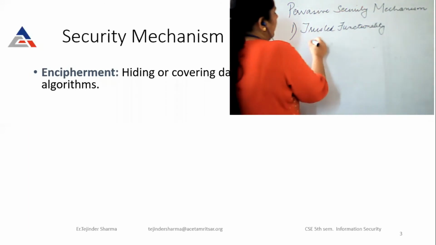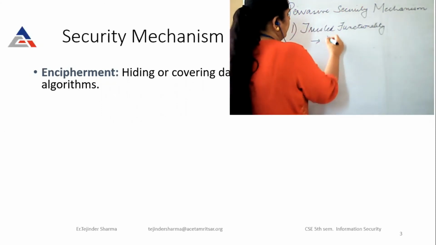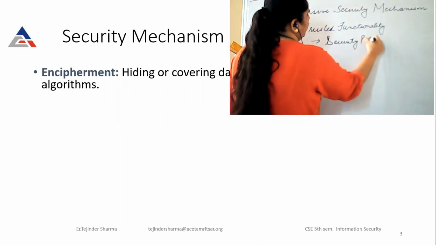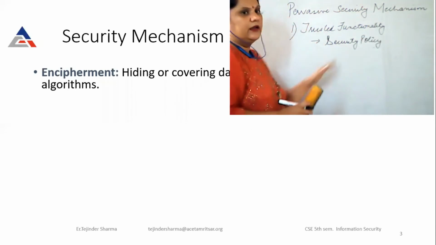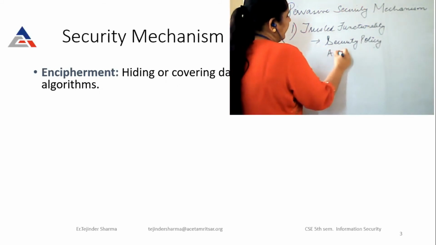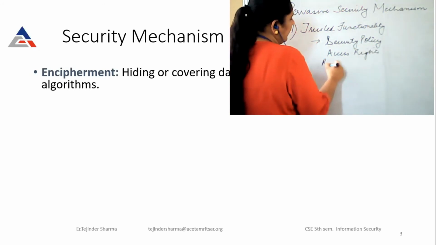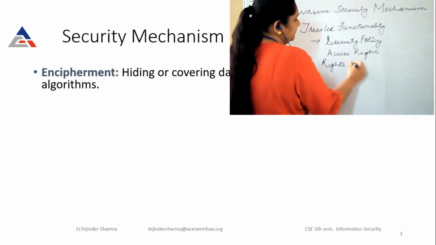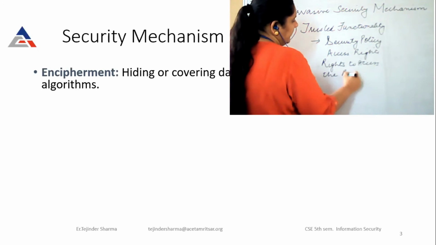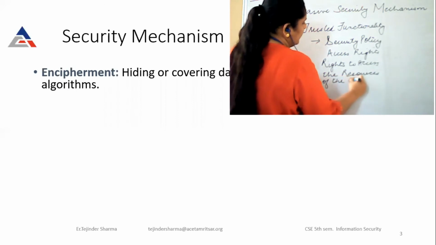What does this mean? The organization makes some security policies for the organization, and it gives access rights, that is, rights to access the resources of the company, of the organization.